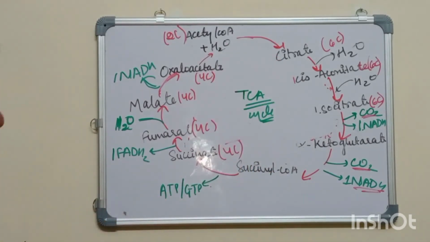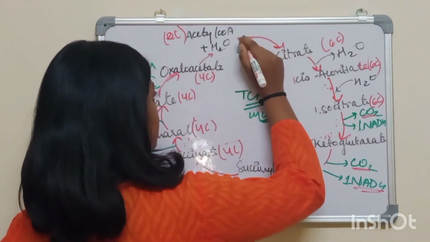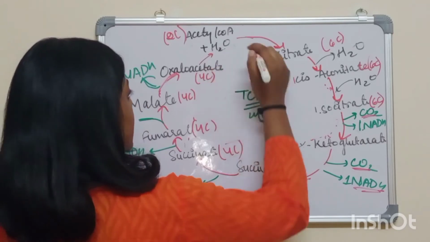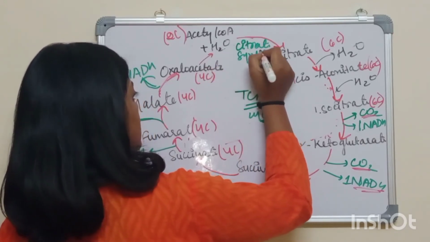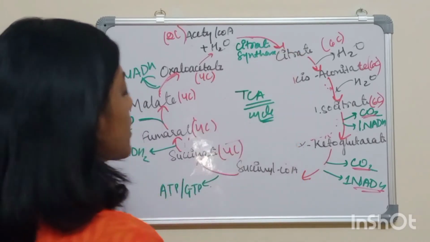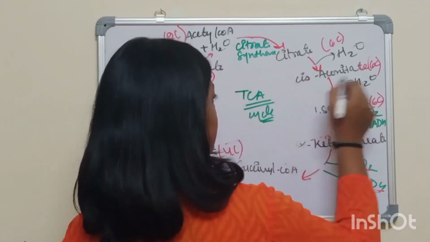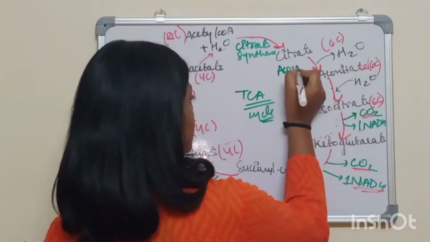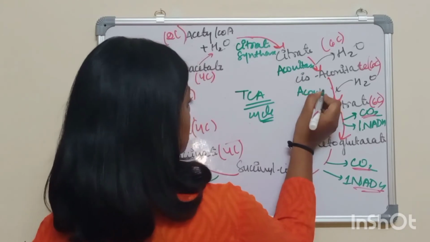Now let's see the enzymes involved. Citrate is formed by the action of the enzyme citrate synthase. Then citrate is converted to cis-aconitate by the enzyme aconitase. This is also catalyzed by aconitase.